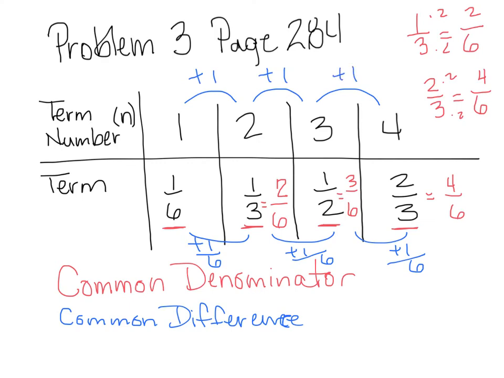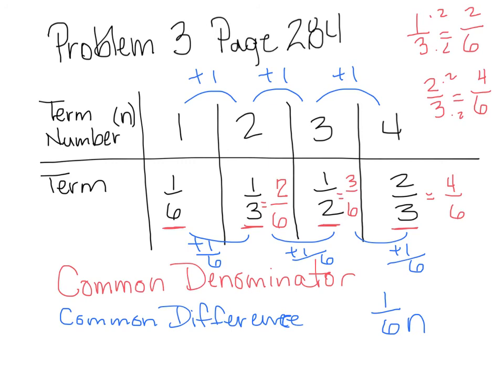Okay, so this implies that my expression would be 1/6 n. So let's go back up here and let's test it and let's see if that is going to be my expression.